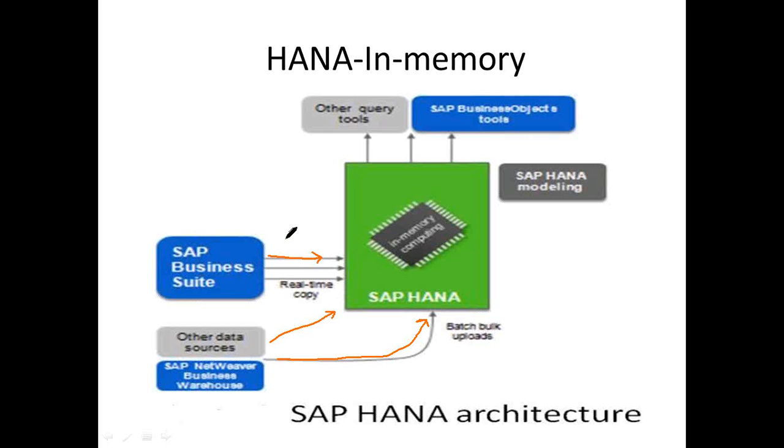There are multiple options, and this is called data provisioning. Data provisioning is a method to enable different engines to bring data from SAP and non-SAP sources at real-time speeds into SAP HANA.